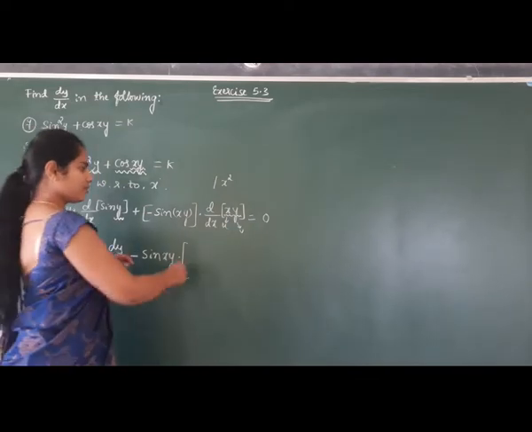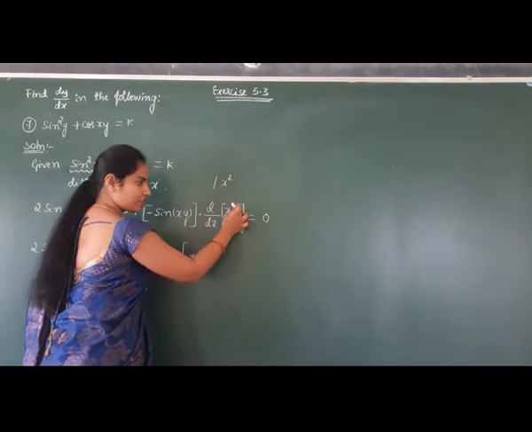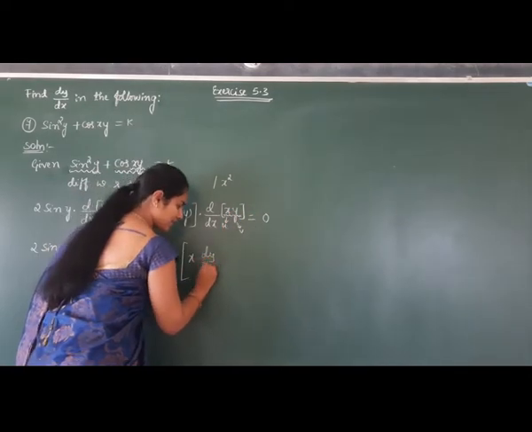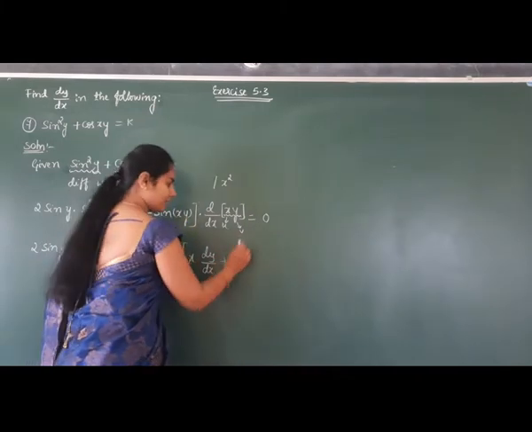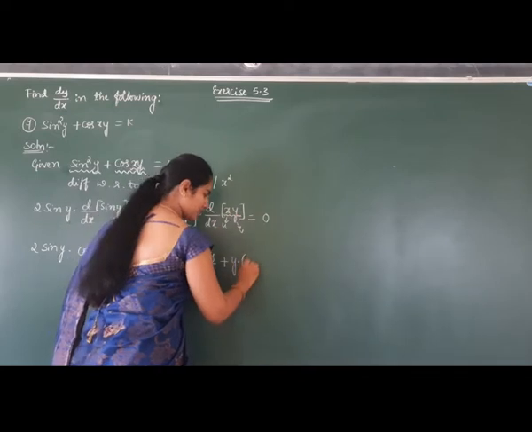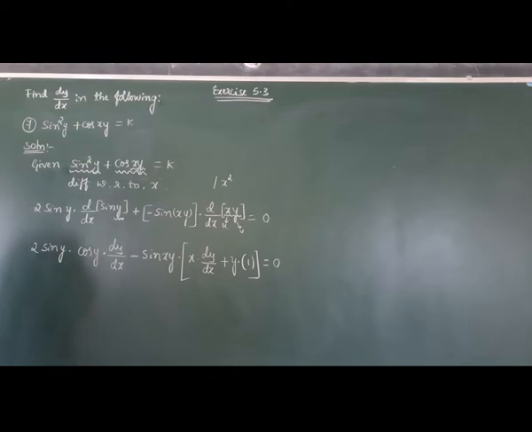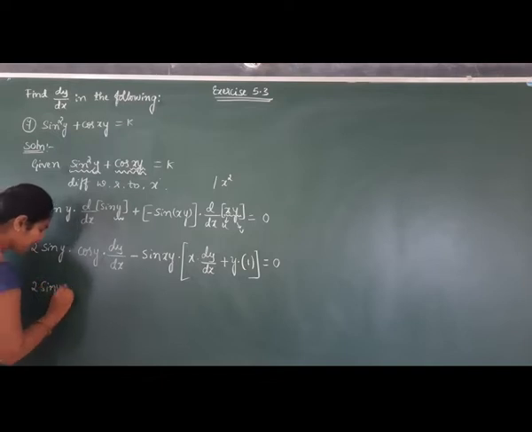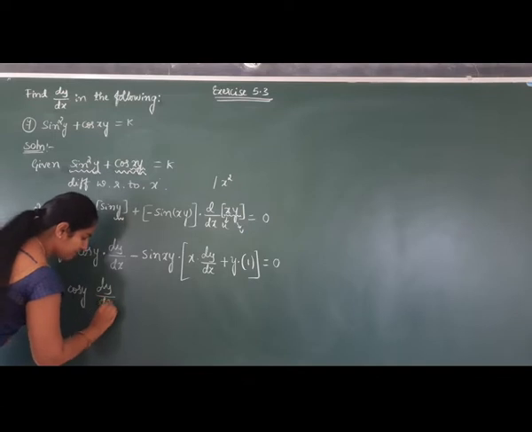So the first function x into derivative of the second function y with respect to x, which is dy by dx, plus the second function y into derivative of first function x with respect to x, which is 1, is equal to 0. So this implies 2 sin y into cos y into dy by dx.